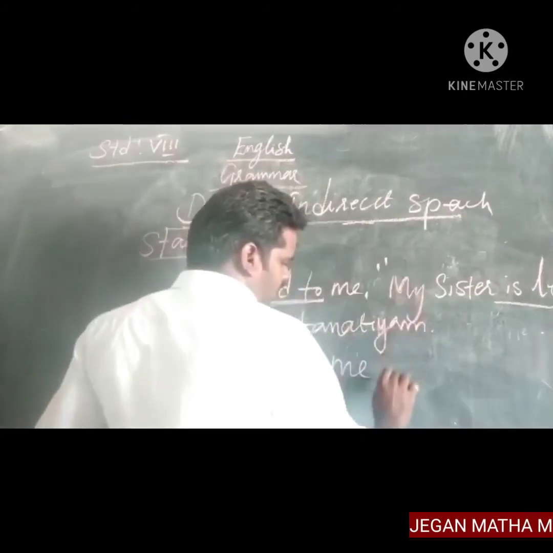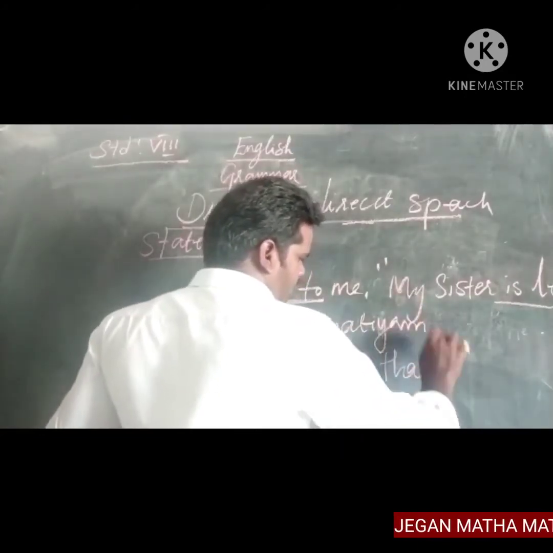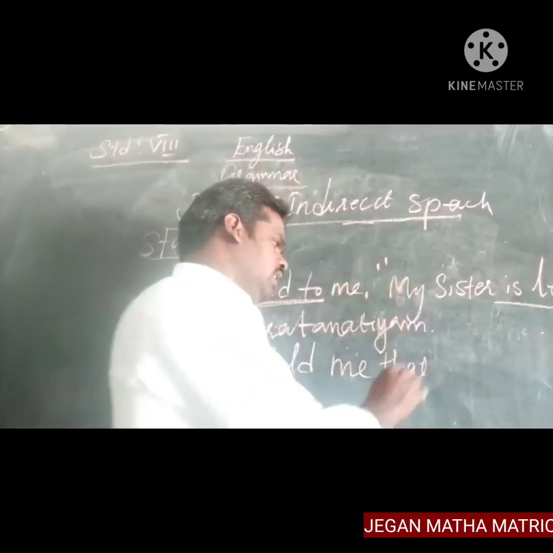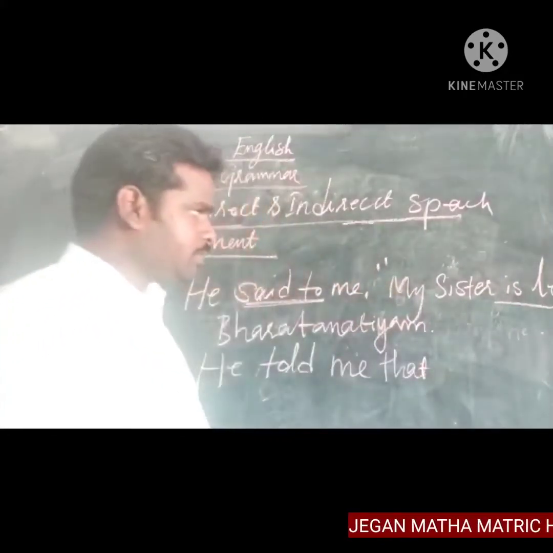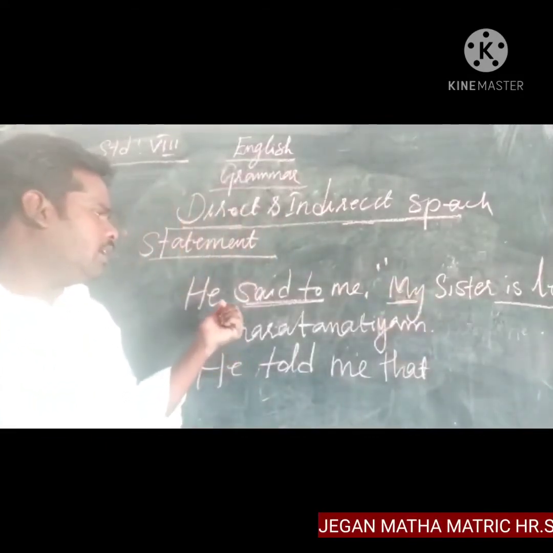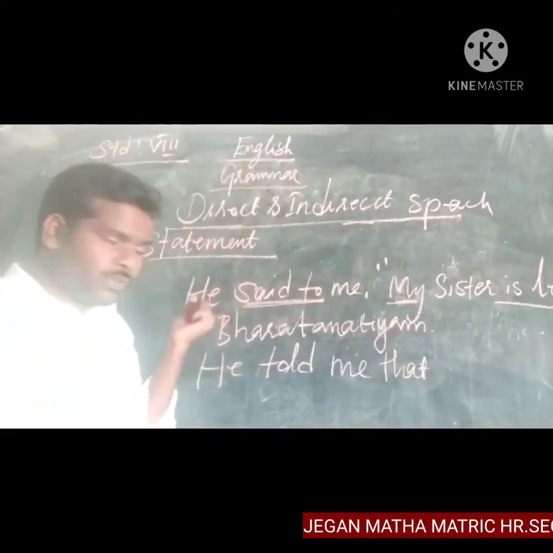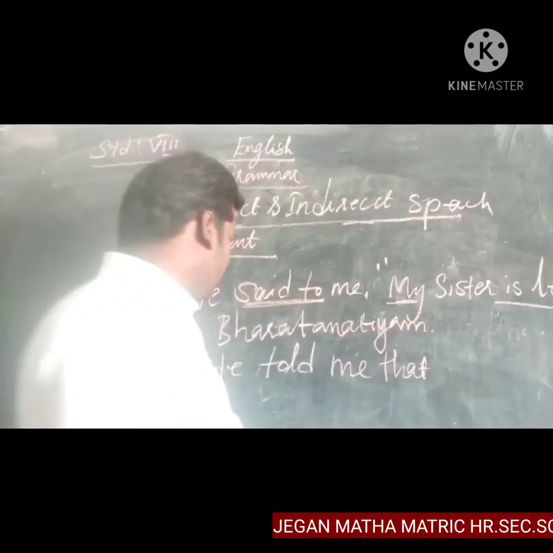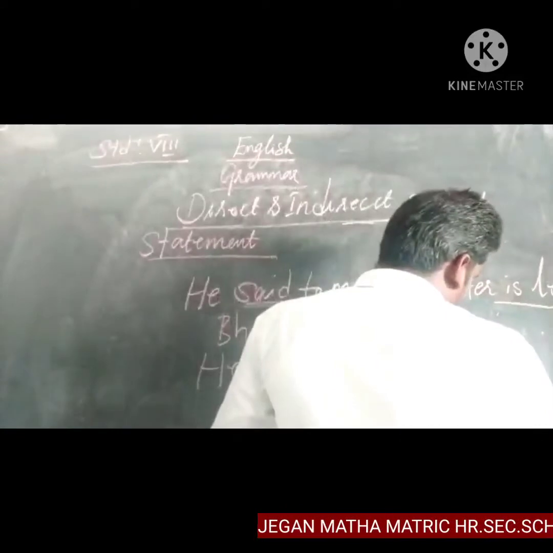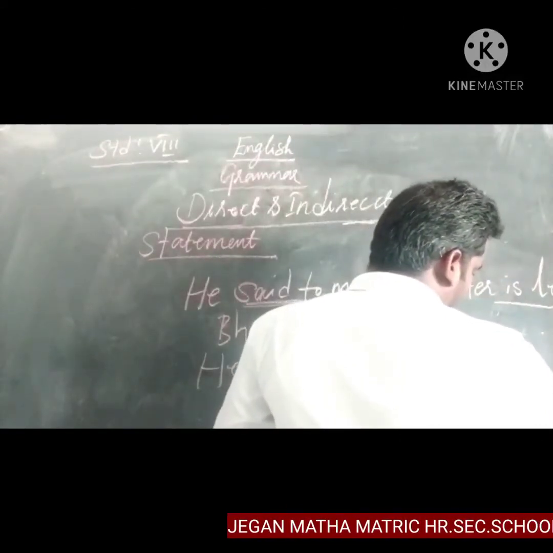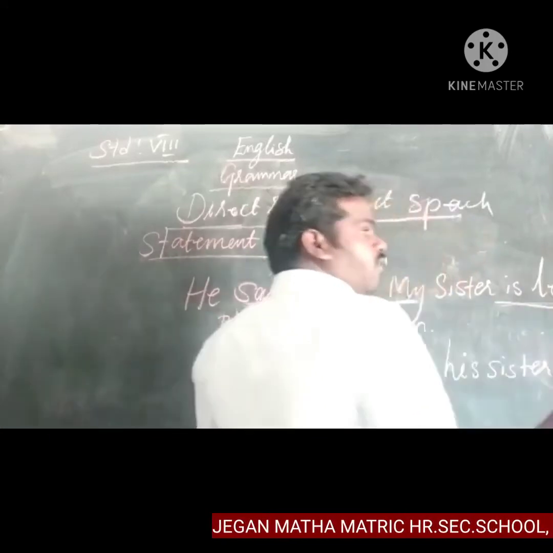Told me that, comma and quotation we can remove. Instead of inverted commas, the conjunction that. My sister, whose sister? He said to me, so the subject is he, the pronoun we want to use here is his. He told me that his sister is learning, was learning.